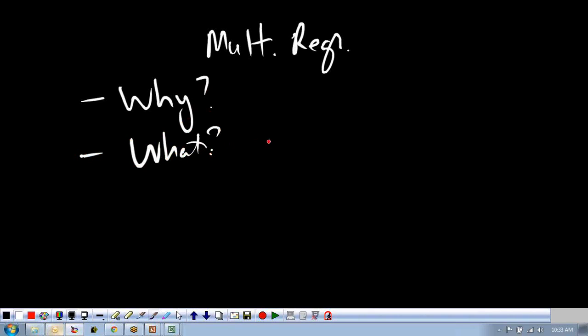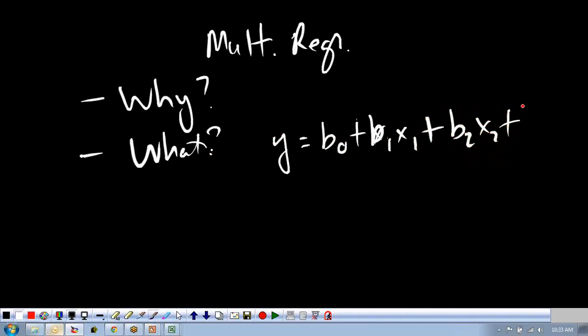And remember, all it really is, instead of predicting y equals b0 plus b1 x1, we're adding other stuff into there, plus b2 x2 plus b3 x3, etc. We're adding more terms into the model. And then finally, we talked about the mechanics.